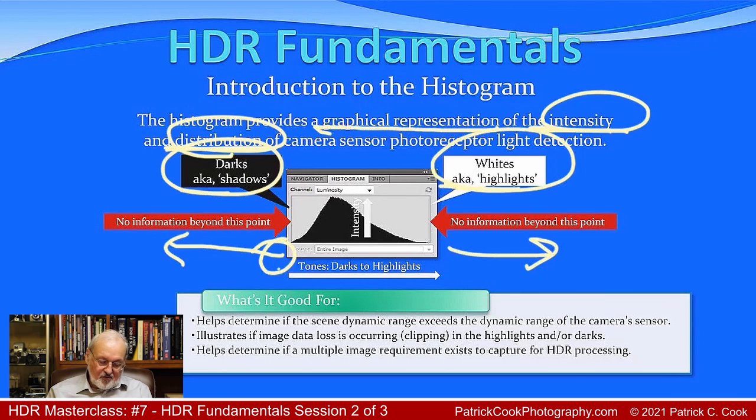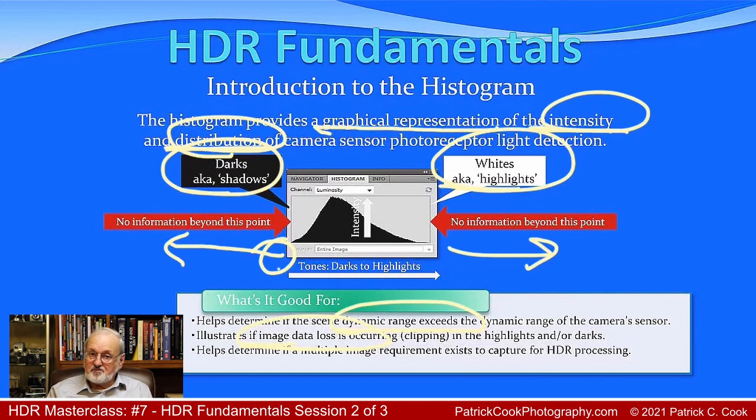So the histogram is actually helping you to determine if the dynamic range of the scene is exceeding the capabilities of the camera, and we're going to get into that more as we go. And it's also helping you to determine if data loss is occurring.